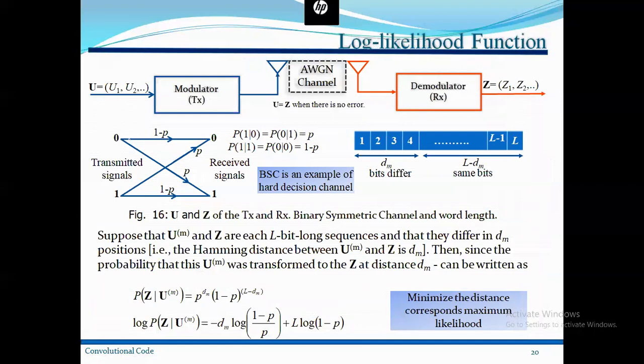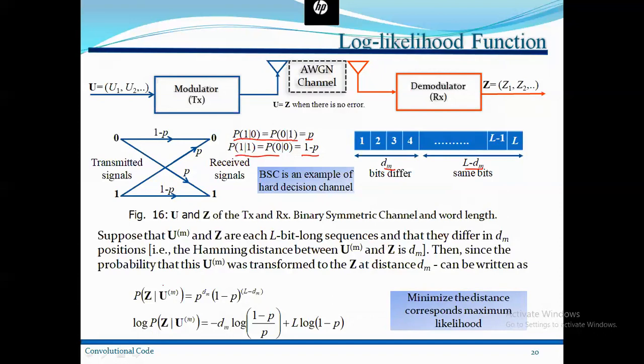So in a binary symmetric channel, we have the probability of erroneous decision P and the probability of correct decision 1 minus P. If we have the code word transmitted with Hamming distance dm and the length of the code word is L, then the number of dissimilar bits is dm and the number of similar bits is L minus dm.